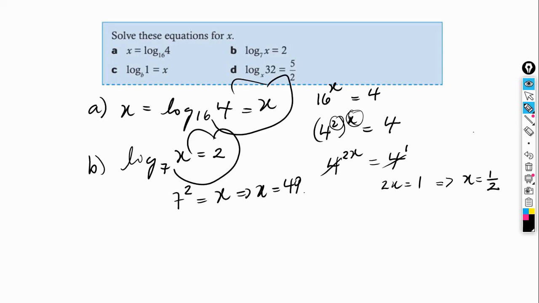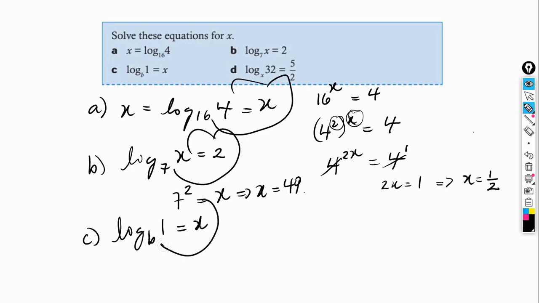Now let's do C. So for C, it says log base b of 1 is equal to x. Now don't be impressed by having another variable like b. Just treat it like a number, because b is a constant, since we only have to solve for x. And all we have to do is use what I call the heart rule.